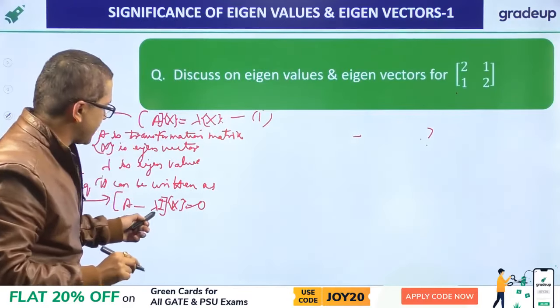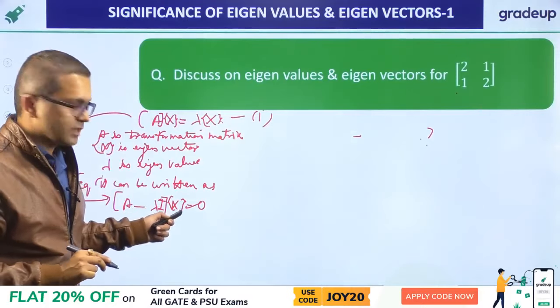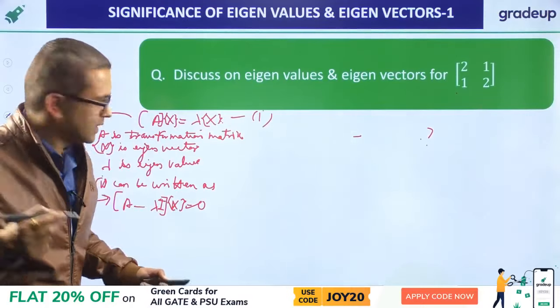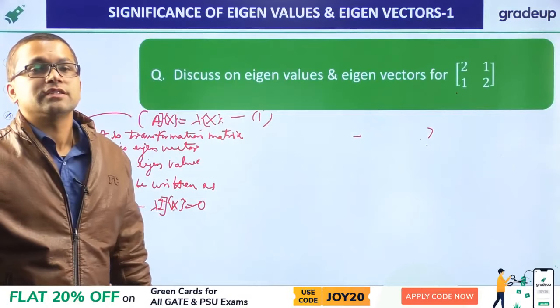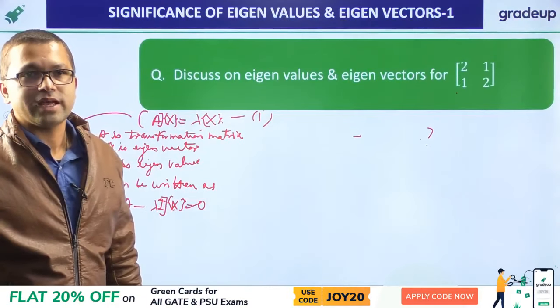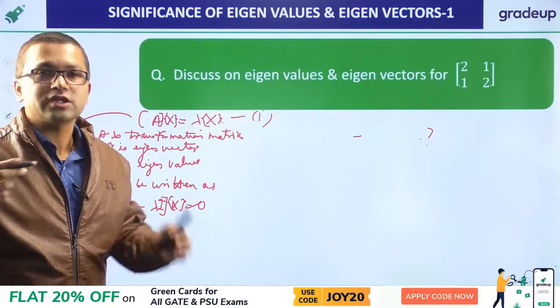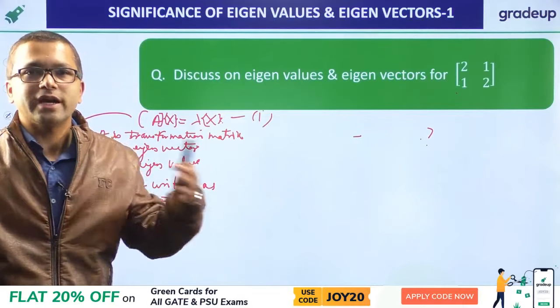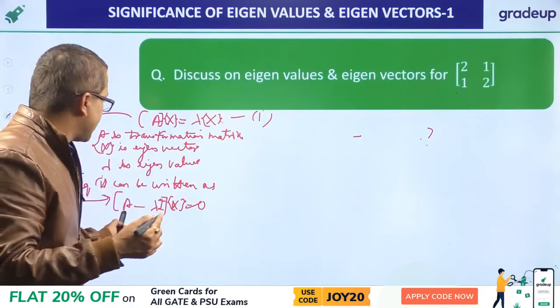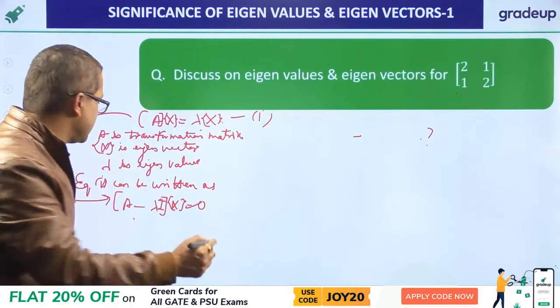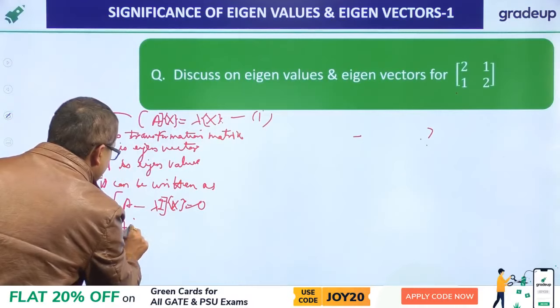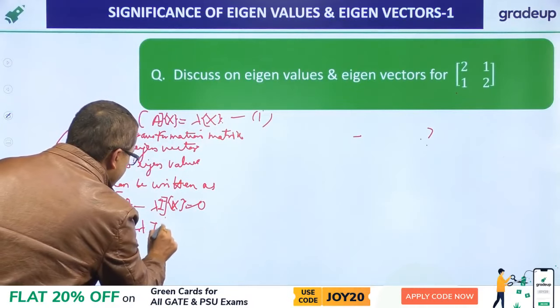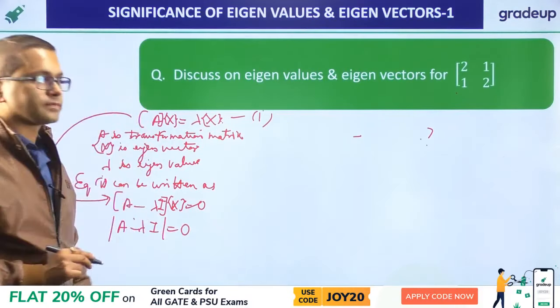Now, after some time, how do you solve this actually? After some time, you will know that this is a homogeneous system of equations and it will have a non-trivial solution. It will come to you after some time, okay? Maybe someone else will take it or I will be taking it. It will have non-trivial solutions only if modulus of A minus lambda I equals 0.